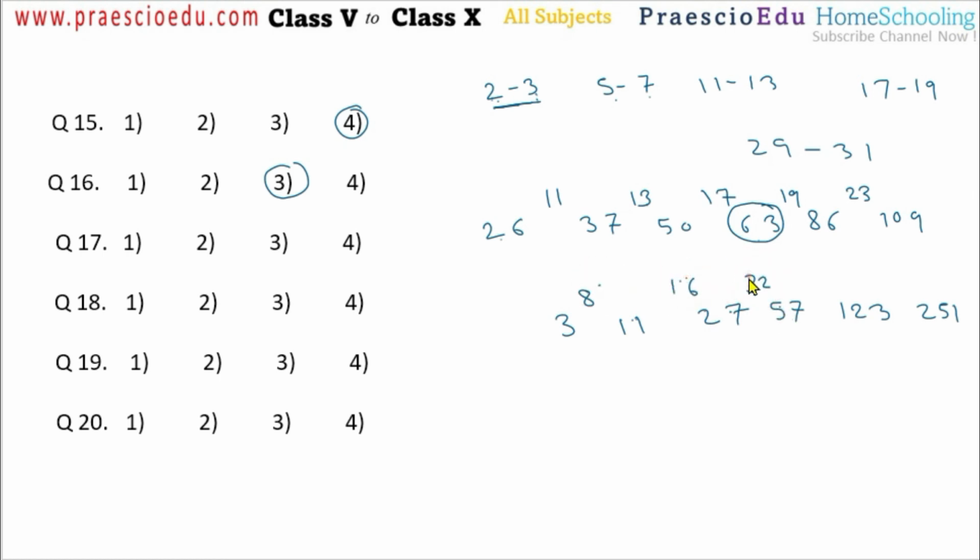So after this again the double of this one, means 8 double is 16, then 16 double is 32, 32's double is 64. So double of this 64 means 128. So this is the correct difference, but here these 32 and 64 are not matching because of this 57. So 57 is given in option number 2.